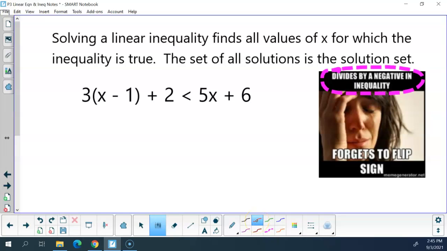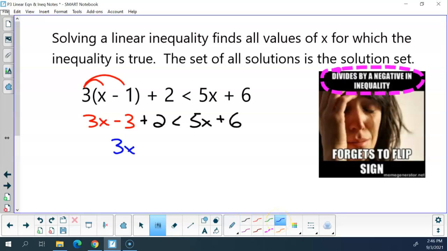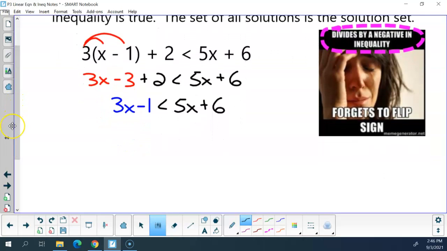So we can first start by distributing. We can combine like terms. We can move things to either side, get numbers on one side, variables on the other.